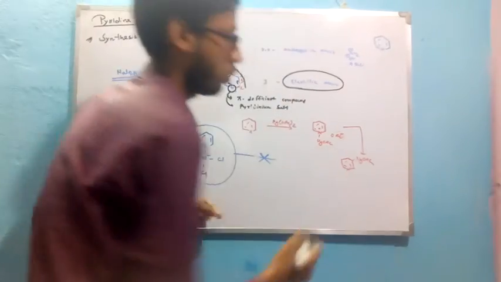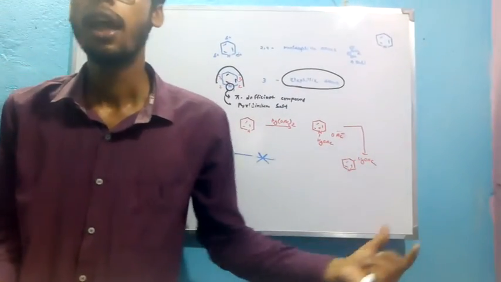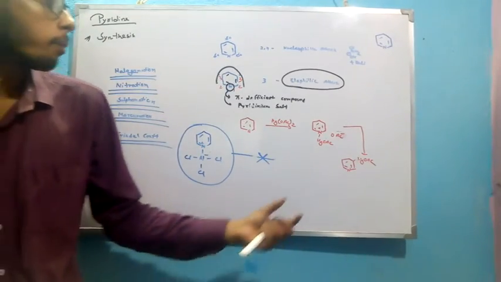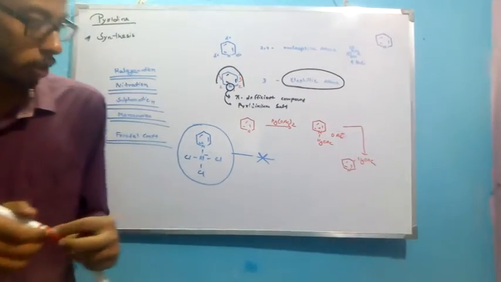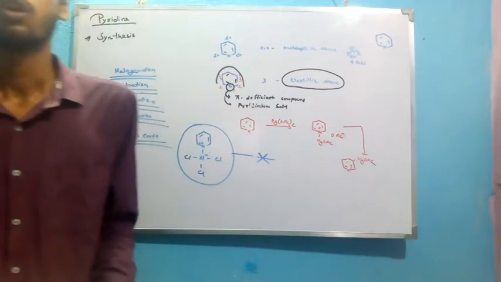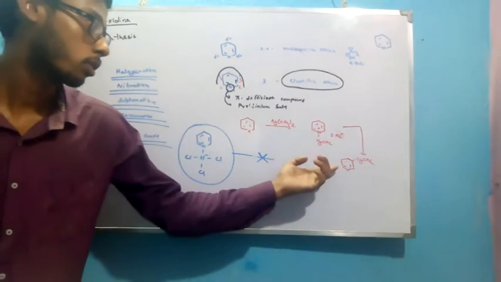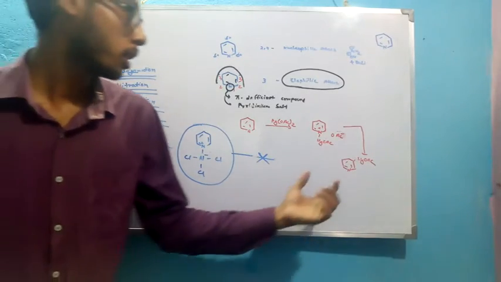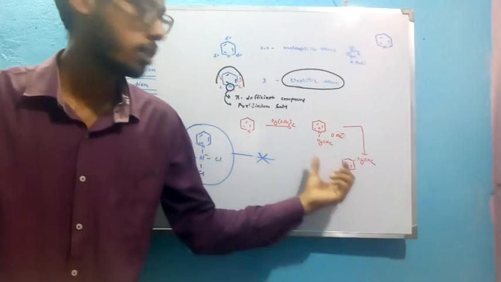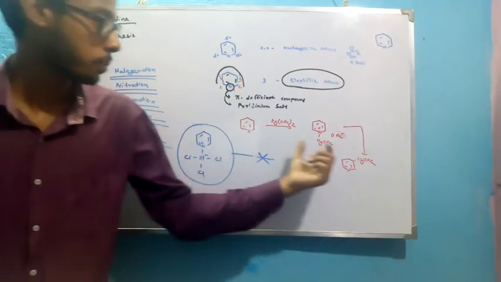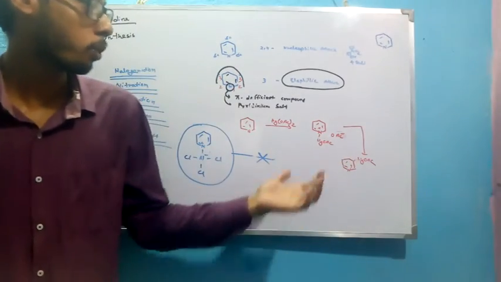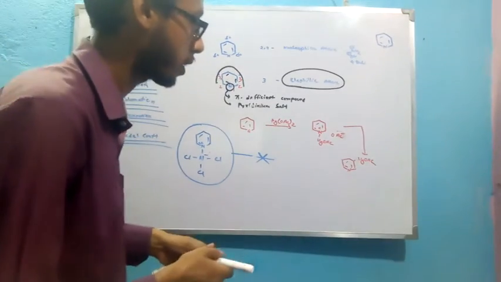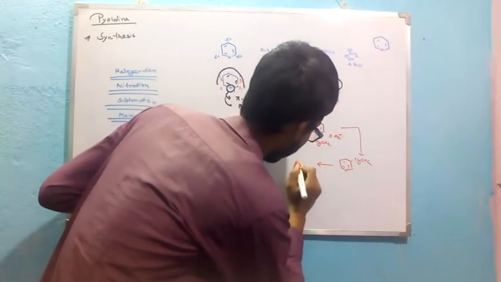So that is the HgOAc at position 3, and this is easily converted to mercury chloride when reacted with sodium chloride, and this mercury chloride HgCl is easily substituted with bromine when bromination occurs, and the final compound obtained is 3-bromopyridine.